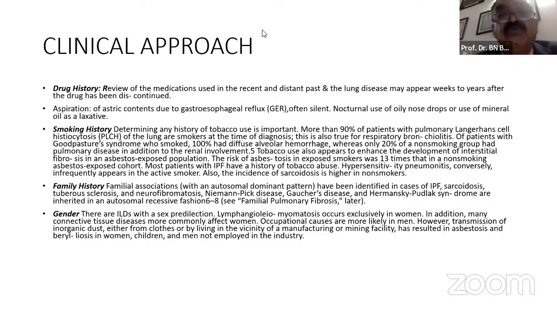So what I would like to tell you is that we have a large number of causes which are responsible for interstitial lung disease, and the majority of these cases are contributed by connective tissue disorders, hypersensitivity pneumonitis, which is basically extrinsic allergic alveolitis.